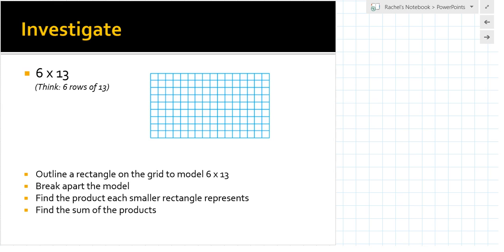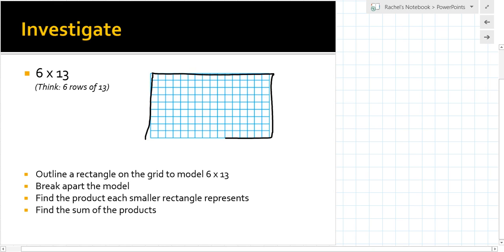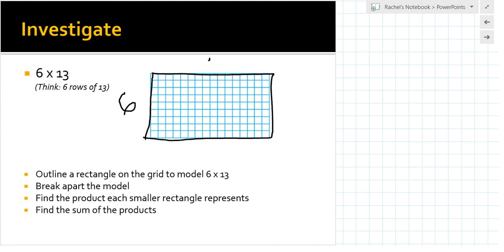So in today's lesson, they started by using grid paper to outline 6 rows of 13. And for this problem, I asked students to break apart the 13 within the model so that there were 2 smaller rectangles.